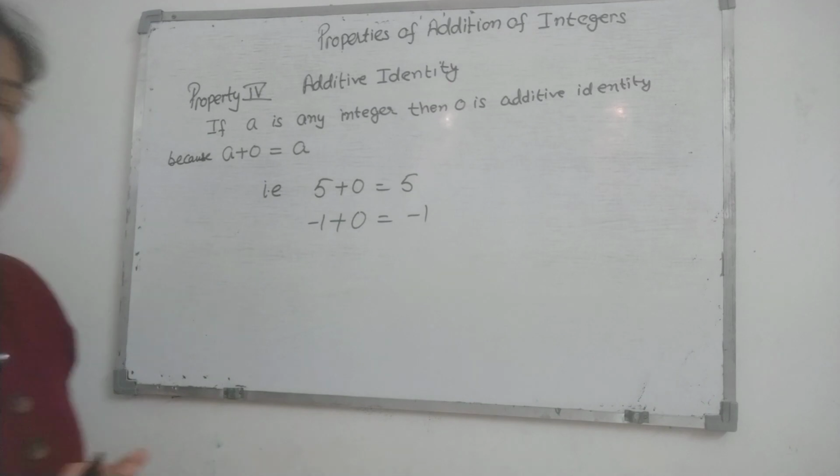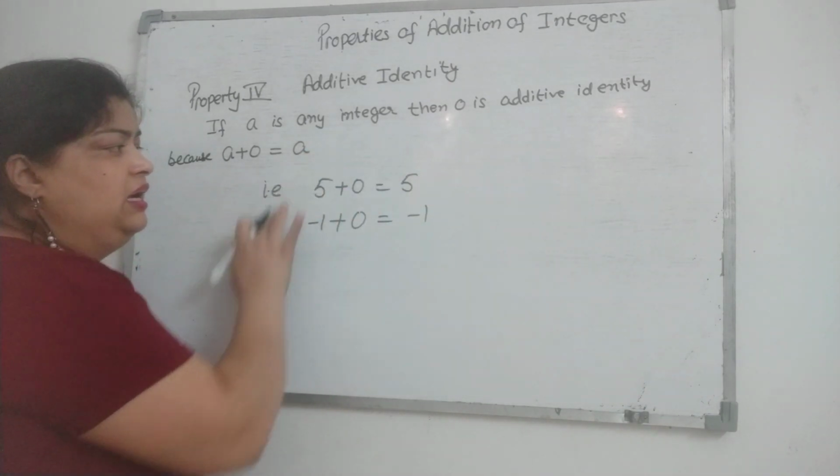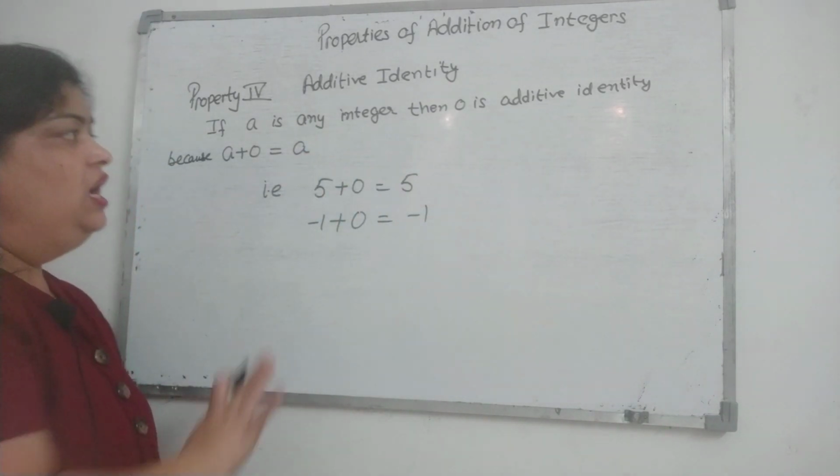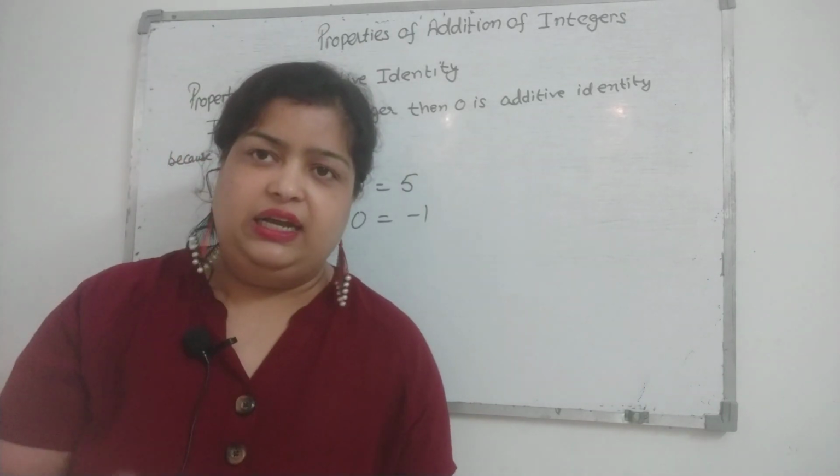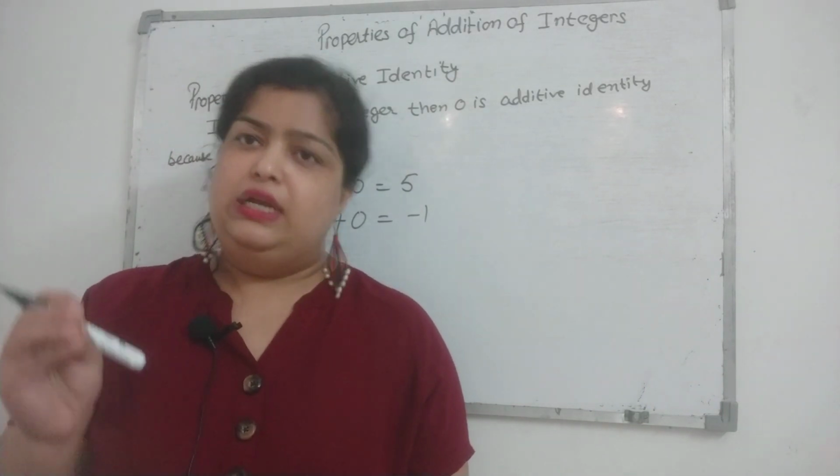So the number's identity didn't change here, it is the same. So we can say 0 is the additive identity of integers.